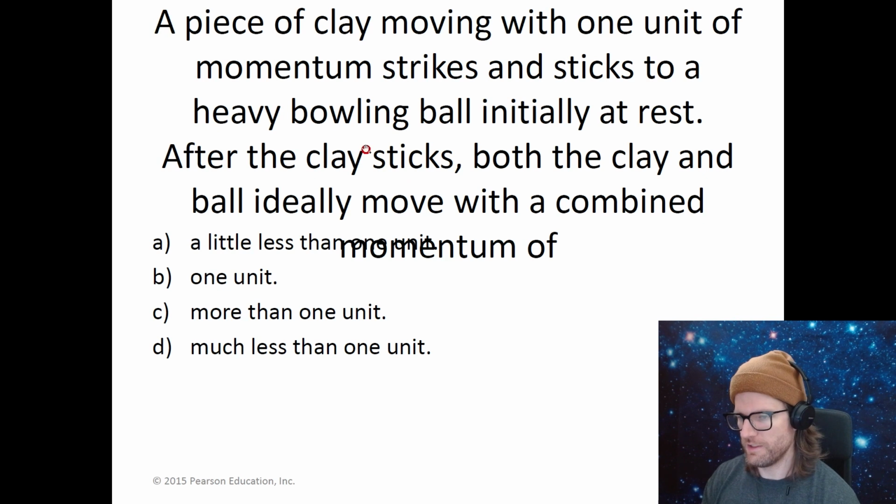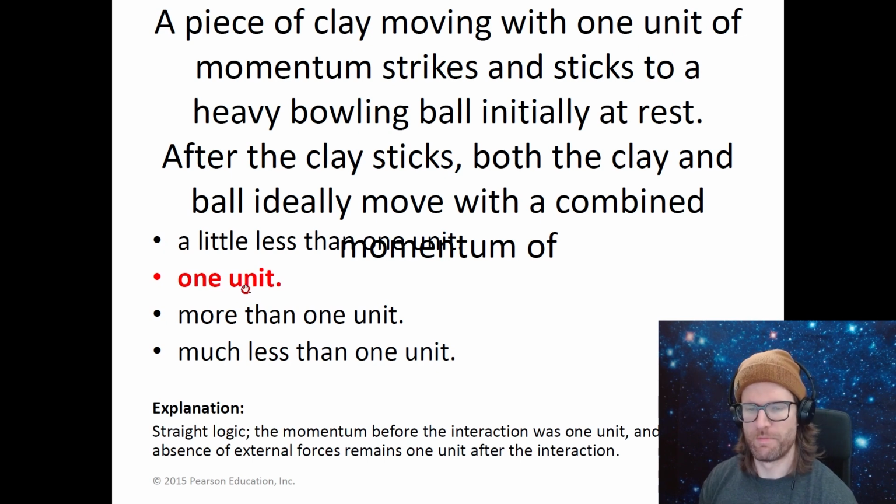It's going to be 1 unit because the bowling ball is initially at rest and we have no external forces or impulses. So the initial momentum of 1 unit of clay, even though there's a difference in size, it'll be 1 unit after. Okay, there we go.